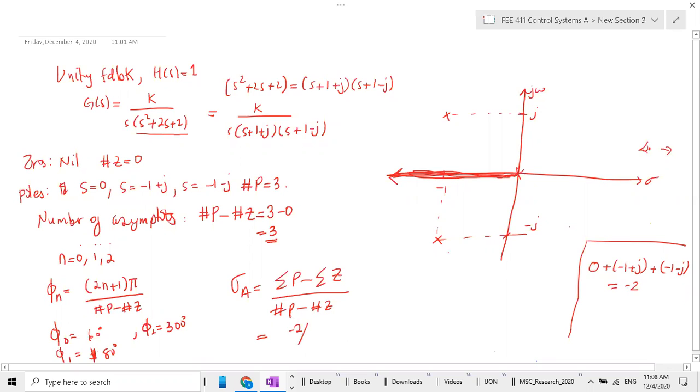And here it's divided by 3, so this is, I think, minus 0.66 recurring. So you can say minus 0.7. So that is minus 0.7.